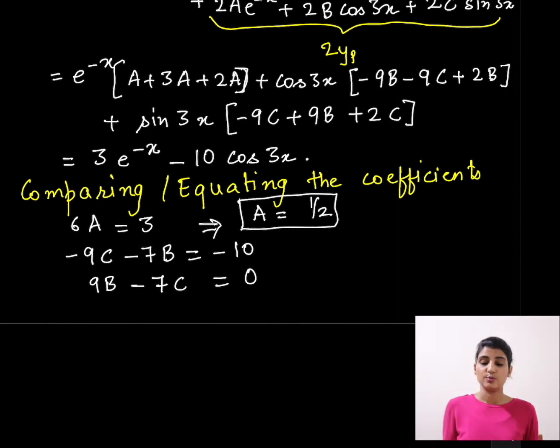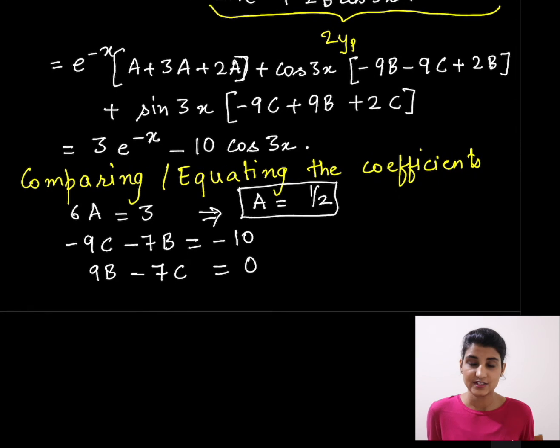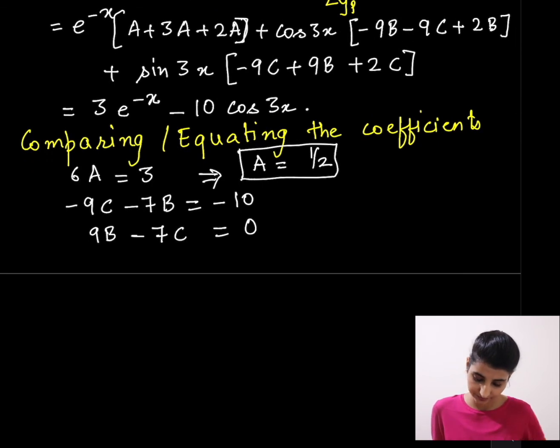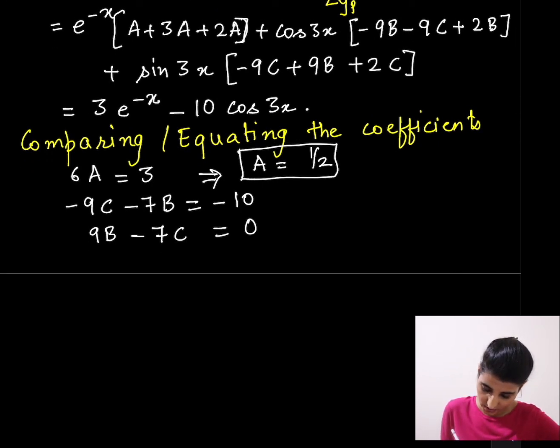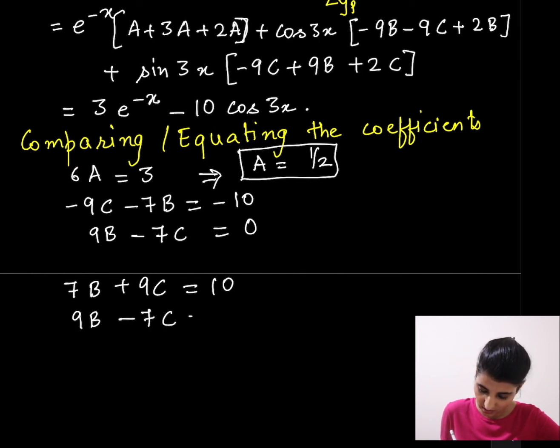Let's calculate b and c from our last two equations. Multiplying the second equation by negative 1, we get 7b plus 9c equal to 10 and 9b minus 7c equal to 0.